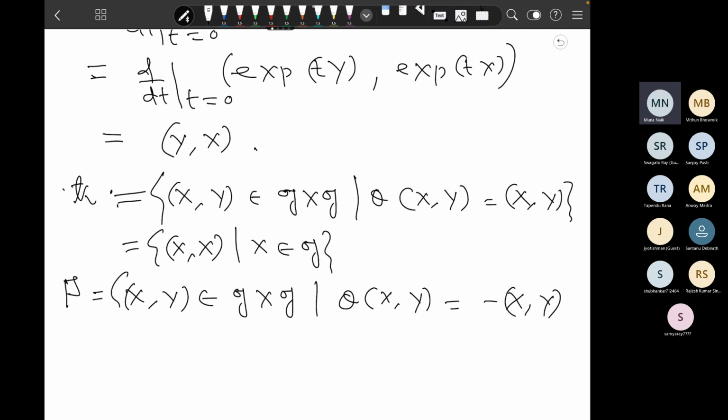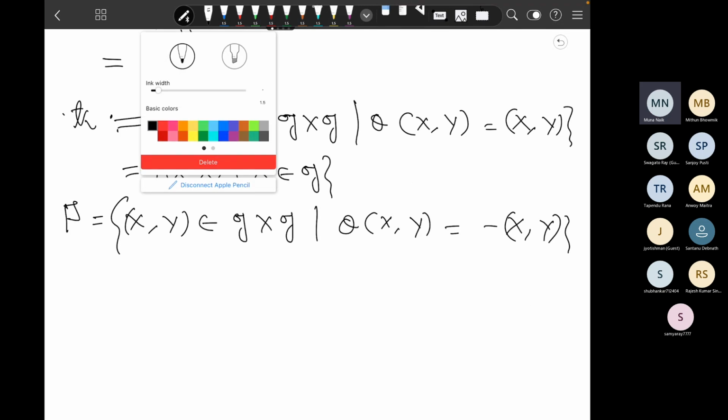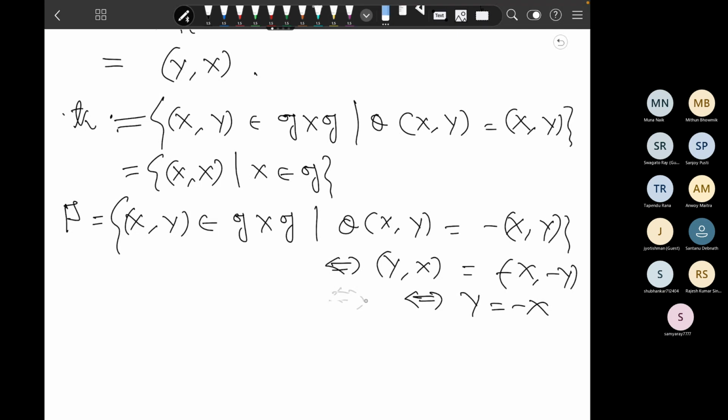Okay. So now theta of xy is what? These are really yx, right? So yx is equal to really minus of x and minus of y. Okay. So that will give you y is equal to minus x. So therefore p, I will get, is the set of x, minus x, so that x belongs to G. Okay.